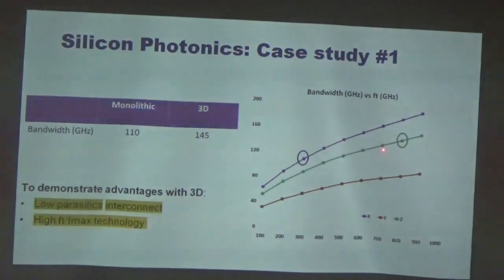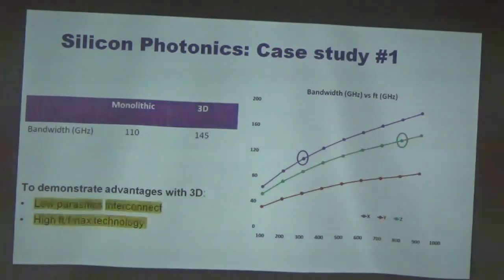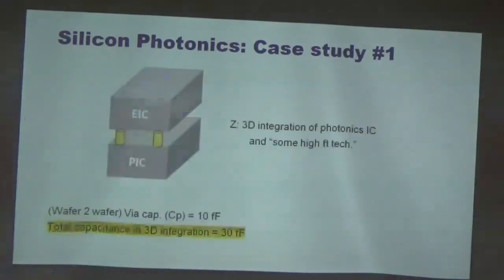Even though we are using 3D integration, we can achieve more bandwidth because we are fabricating the device separately and the performance of the device is not impacted. We can achieve more out of that device. This is how, even though we are using 3D integration, the performance can be much better than the monolithic side. That's why people are going for 3D ICs nowadays.